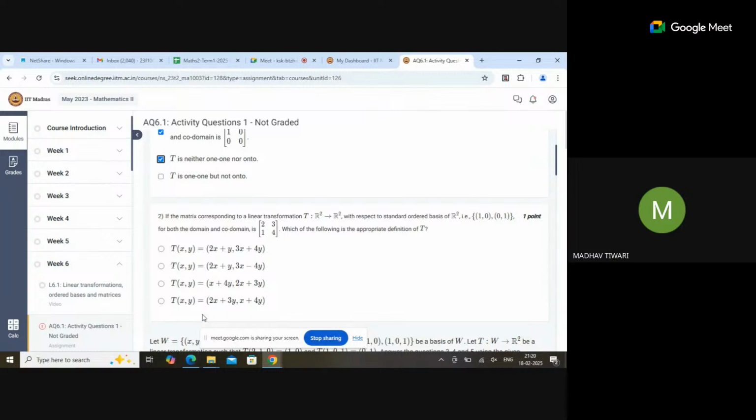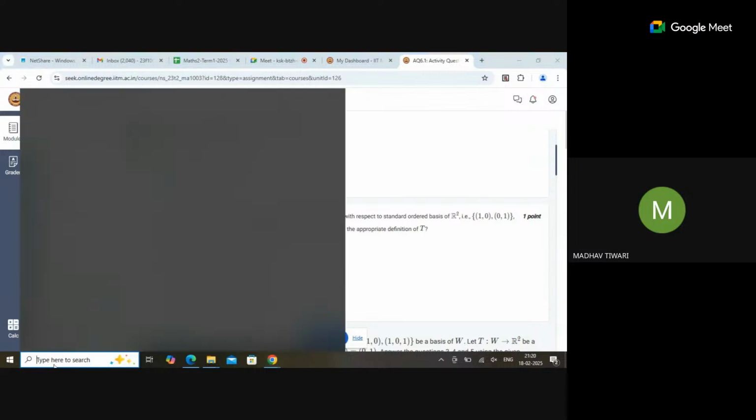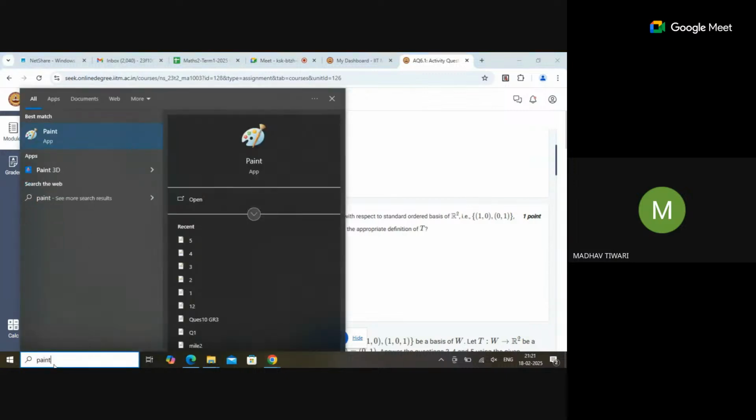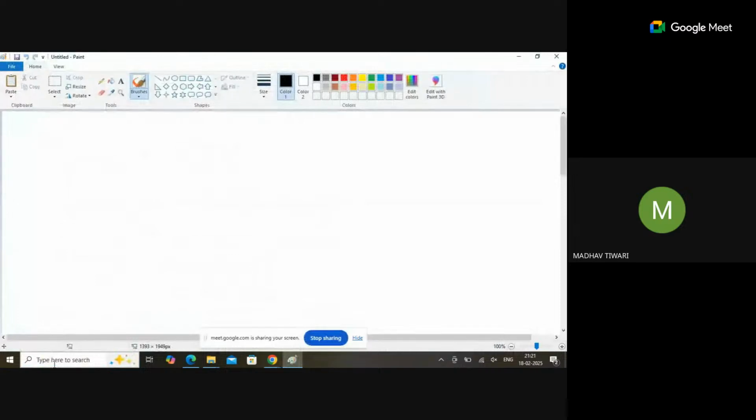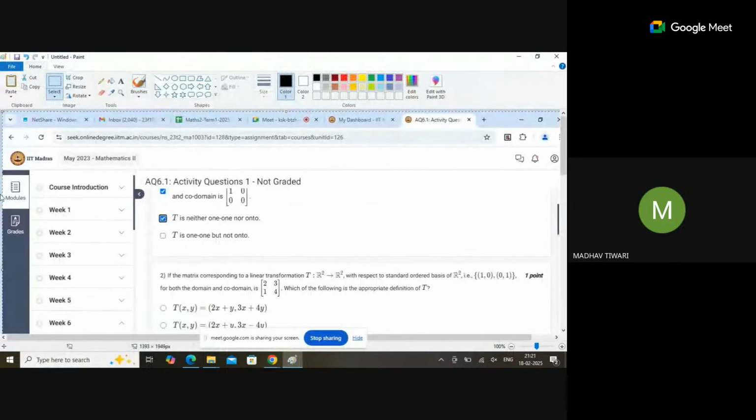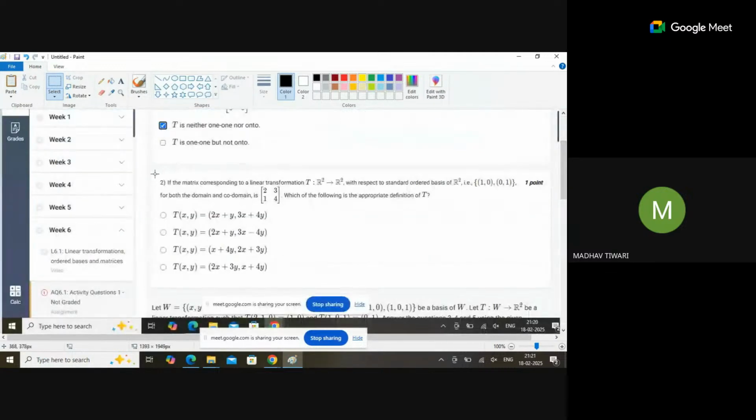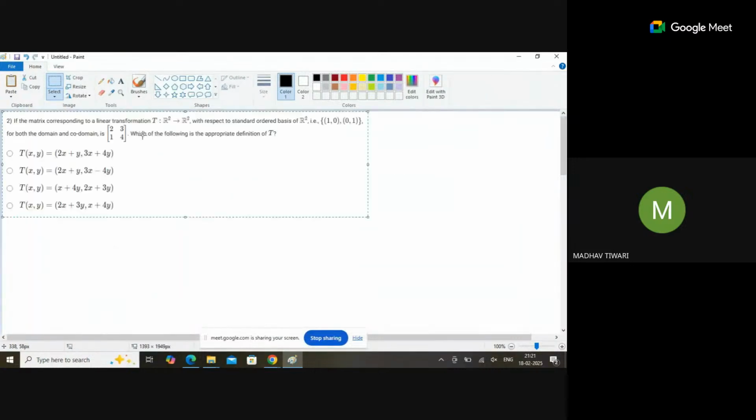Let me take a screenshot here and crop this part. So this is my question. I am given this matrix, and I have to find the general form of the transformation.